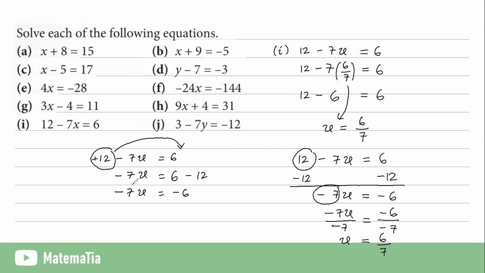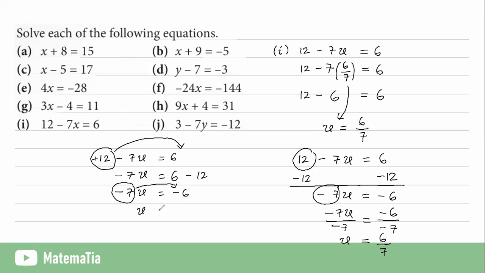And then the next step, we have to get rid of this number by moving it to the right-hand side of the equation, because negative 7x means negative 7 times x. The operation is multiplication. It means if we move negative 7 to the right-hand side of the equation, it will be the opposite operation, which is division.